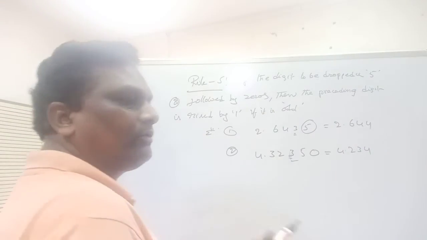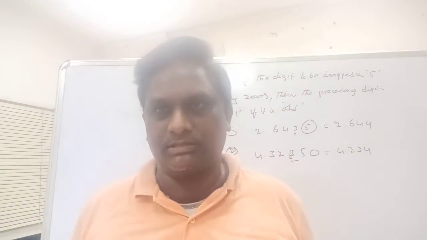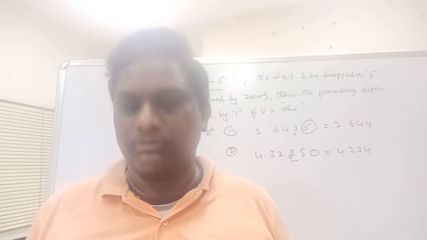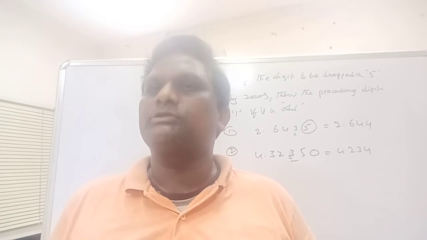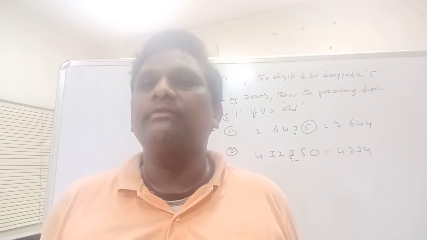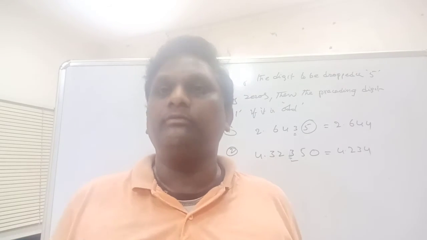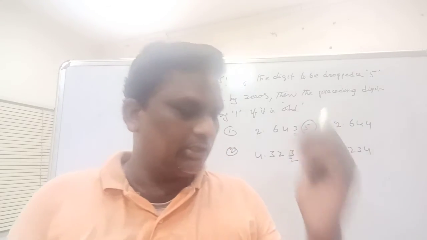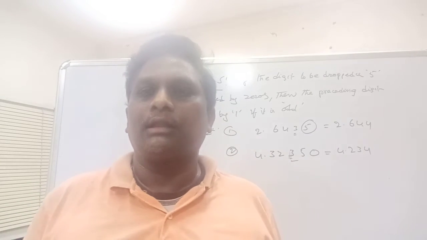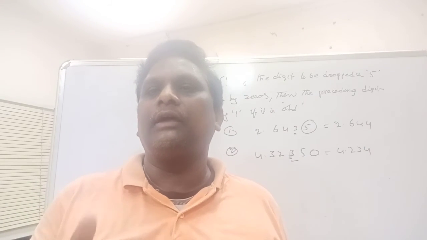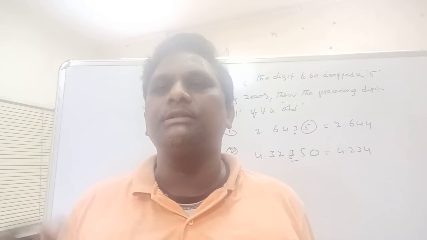So like that we have 5 rules to round off the significant figures. So first rule is, if the digit to be dropped is less than 5, then the preceding digit is left unchanged.